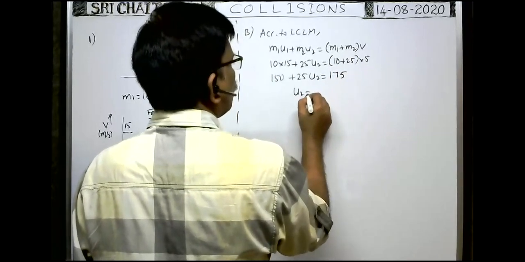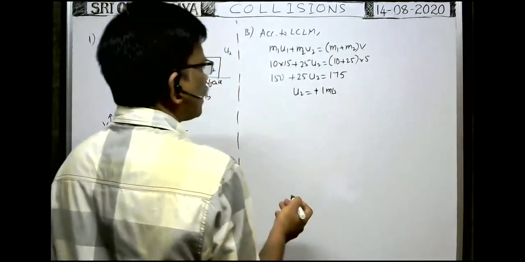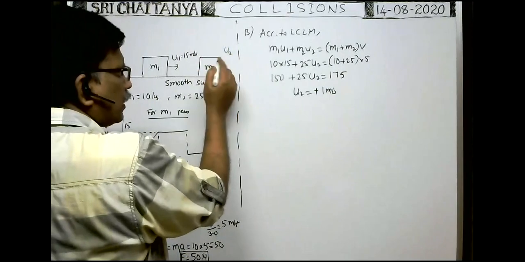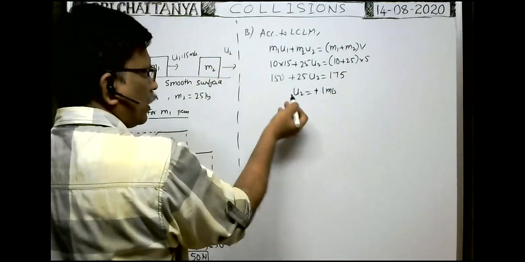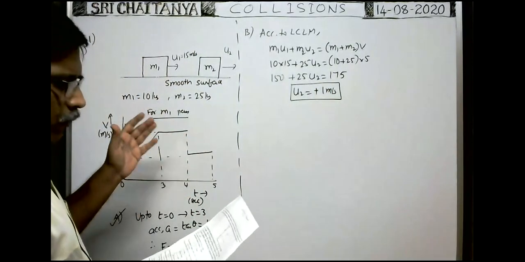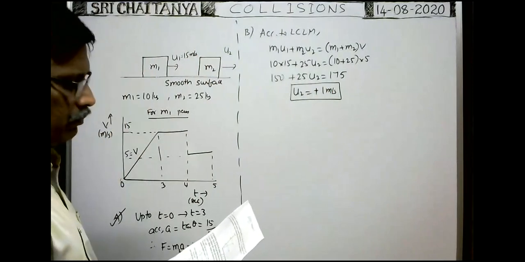Therefore u2 is equal to 1 meter per second. Positive we got, which means definitely before collision the velocity of the second body is also in the same direction. So the velocity of the second body before collision is equal to 1 meter per second. It travels along the same direction as the first before collision.